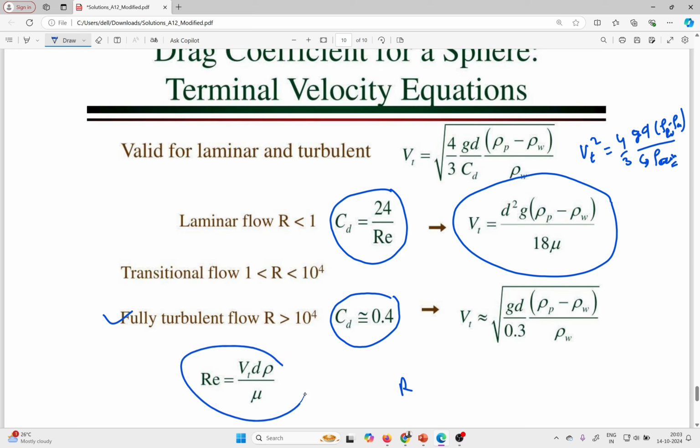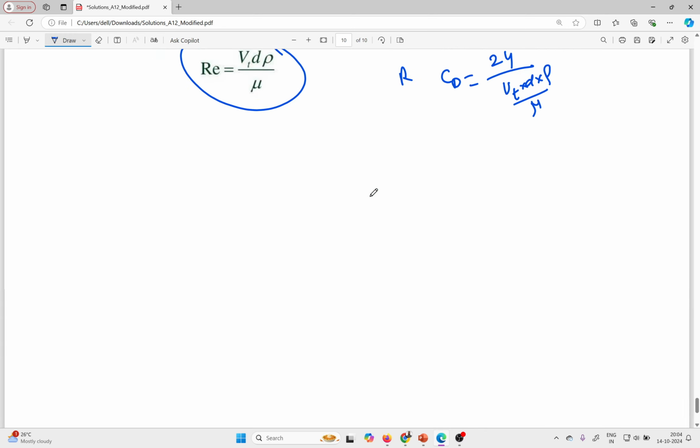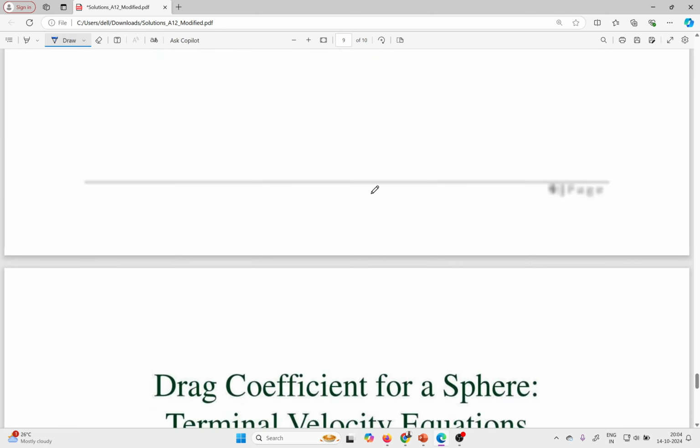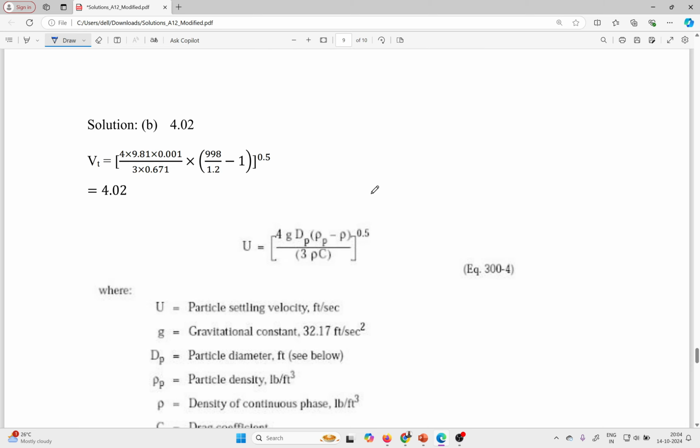This is given. Means CD in case of laminar is equal to 24 divided by Vt into D into rho divided by mu. So when we write this formula in terms of dynamic viscosity, there will be a D squared term, remember please. So the overall answer for this question, when you calculate by putting in this formula, will come 0.42.